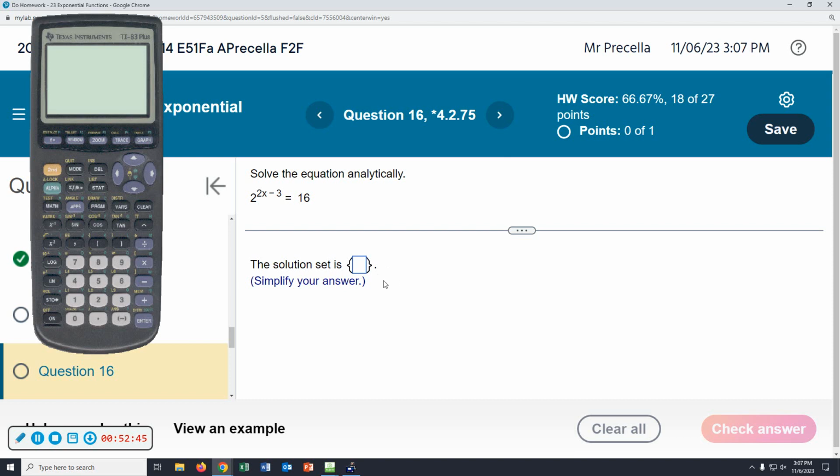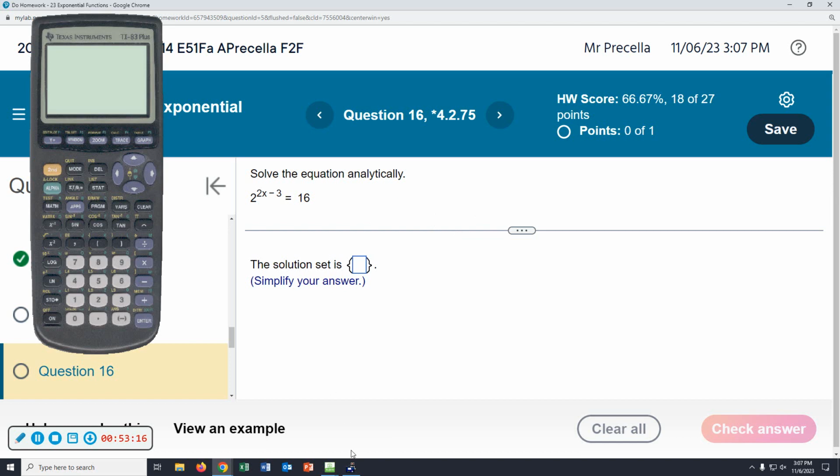Let me write it down. 2 raised to the 2x minus 3 power. This brings up a good point. An exponential expression may have more than just a single letter as the exponent. As long as the exponent contains a letter, you would say the expression is exponential. Here the exponent is the 2x minus 3. It's not just the letter x.